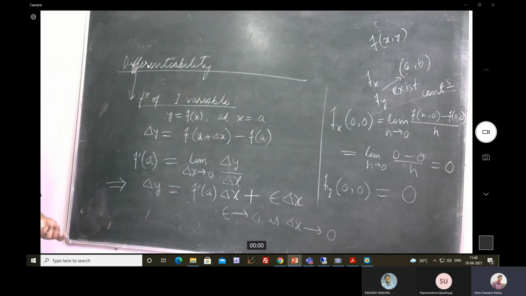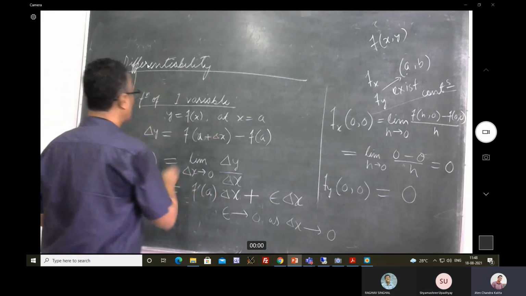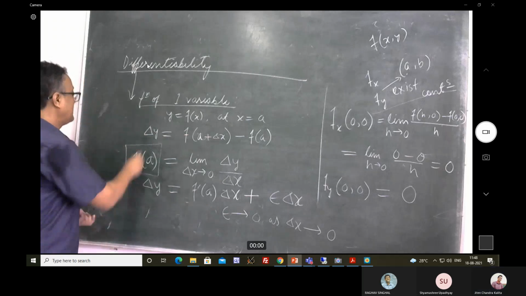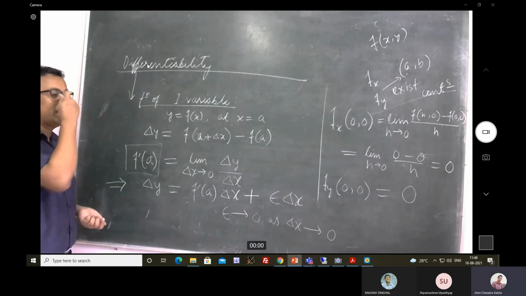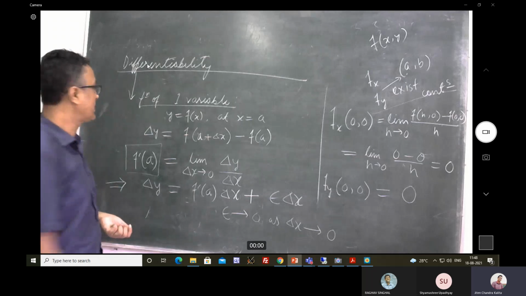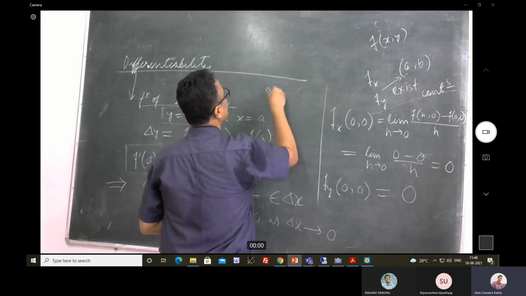If you have a close look at this, f prime a was nothing but the slope of the tangent to the curve y equal to f of x at the point a.